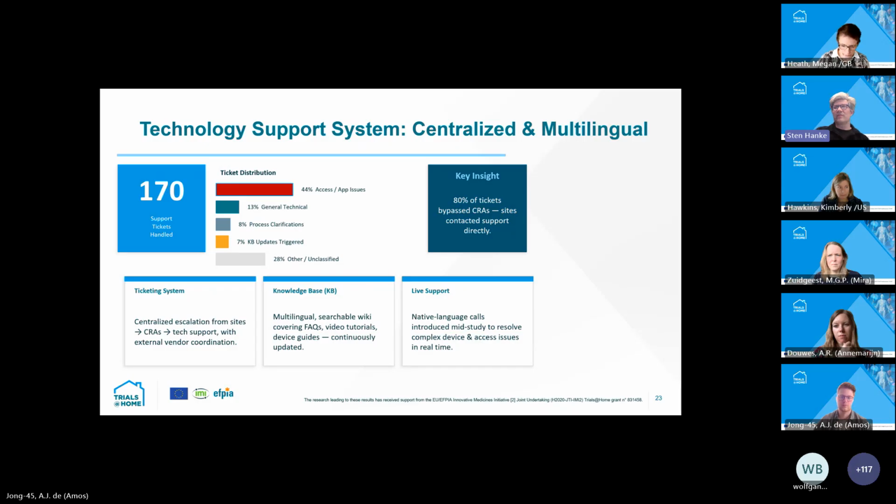What is important here, we also provided a knowledge base, meaning a Wikipedia page where we tried to provide for all the participants, but also CRAs and sites, information on how to tackle certain issues, technology-wise, but also otherwise, with videos. And during the study, if we saw that certain issues arose more often, we provided more information on these specific issues.